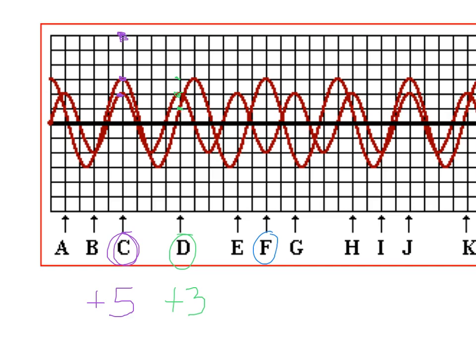If we look at position F here, kind of randomly pick these, we have the smaller wave. We're at the very bottom of a trough. We call that a negative 2 amplitude. Any trough we just treat as a negative number. And then we have a positive 3 for the amplitude of the bigger wave.